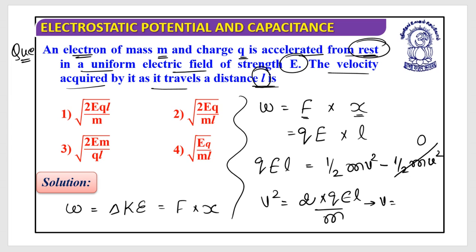So v would be the square root of this, 2QEL by m to the power 1 by 2. That's it. Done. What was your answer? Is it the same? Will you be able to solve this kind of question? Are you sure?